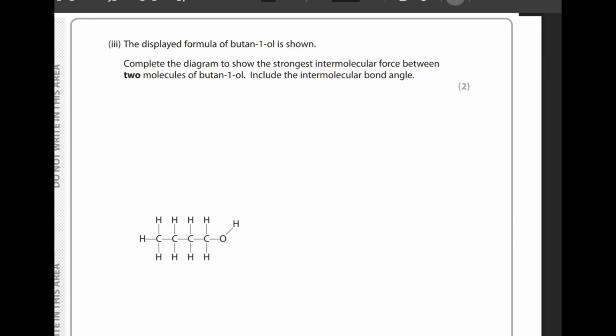So you need to draw the hydrogen bond, and you know oxygen has a lone pair of electron, and that lone pair of electron forms hydrogen bond with hydrogen of the other molecule of butane 1-ol.